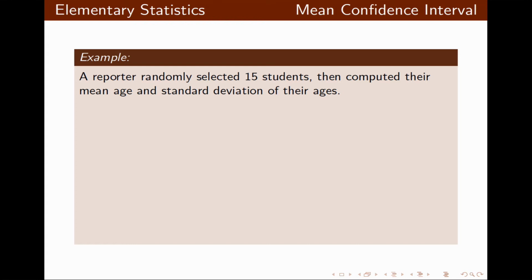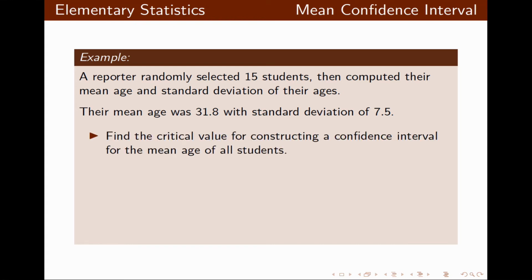A reporter randomly selected 15 students, computed their mean age and standard deviation of their ages. The mean age was 31.8 and the standard deviation was 7.5. We want to find the critical value for constructing a confidence interval for the mean age of all students.